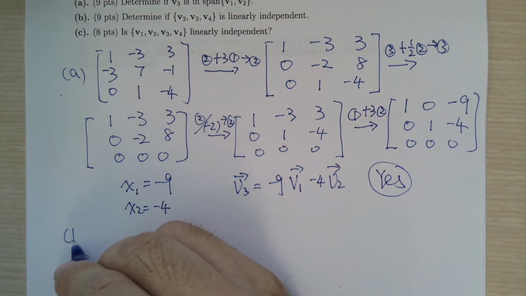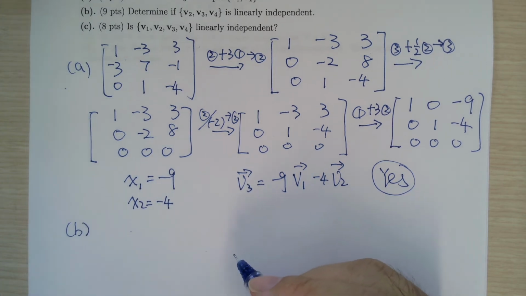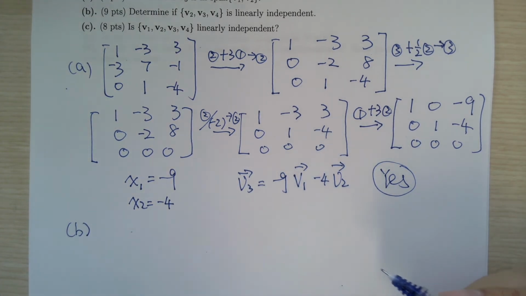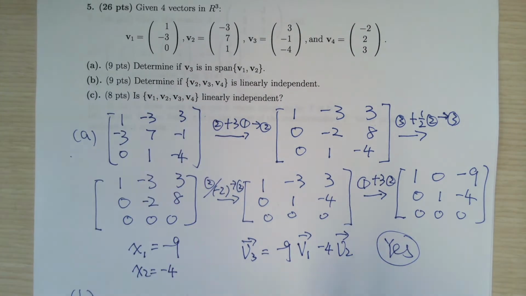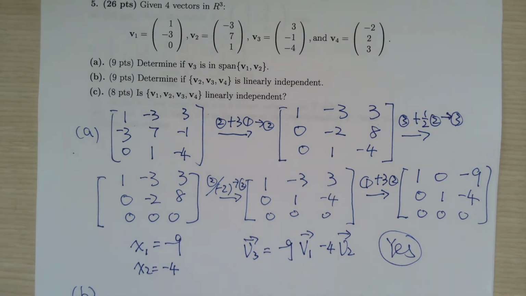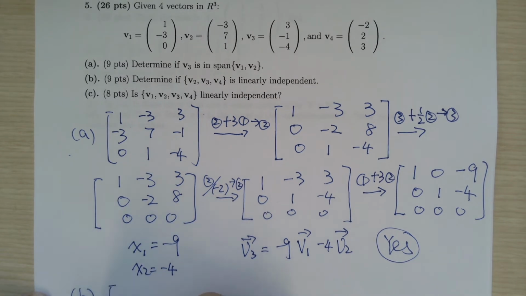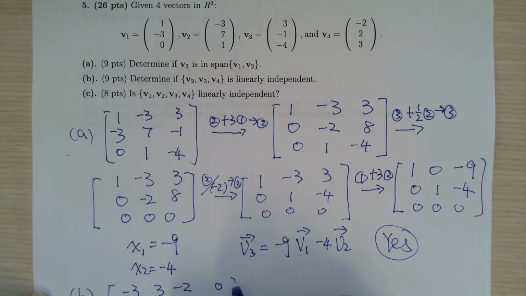Part B is, excuse me, it's just if v2, v3, v4 are linearly independent, right? So to do that, we are looking at the matrix negative 3, 3, negative 2, 7, negative 1, 2, 1, negative 4, 3, 0, 0, 0.